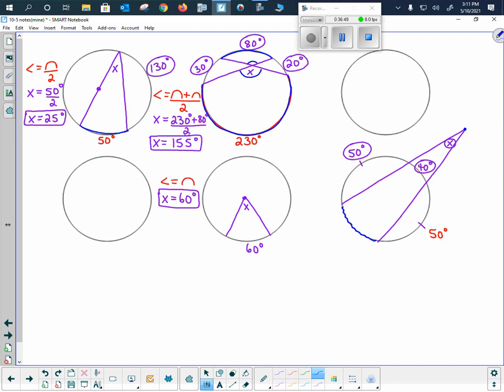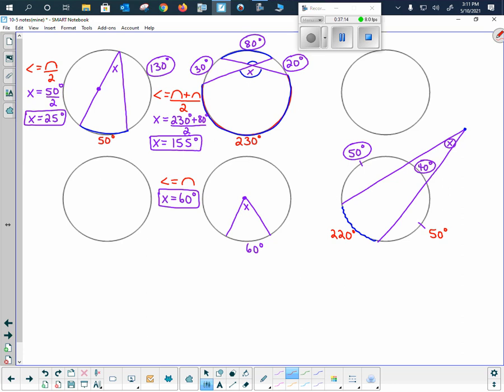So since the whole thing around is 360 degrees, I just need to take 360 minus 50 minus 40 minus another 50. And that will give me 220 degrees. Obviously, definitely not to scale, right? That's why we always trust what's labeled, never what the picture looks like. Okay, trust the information given to us.